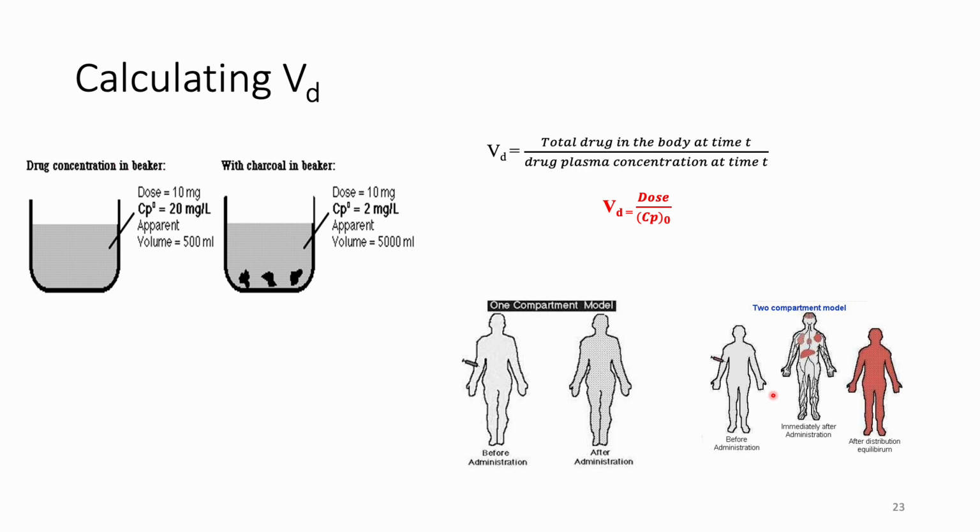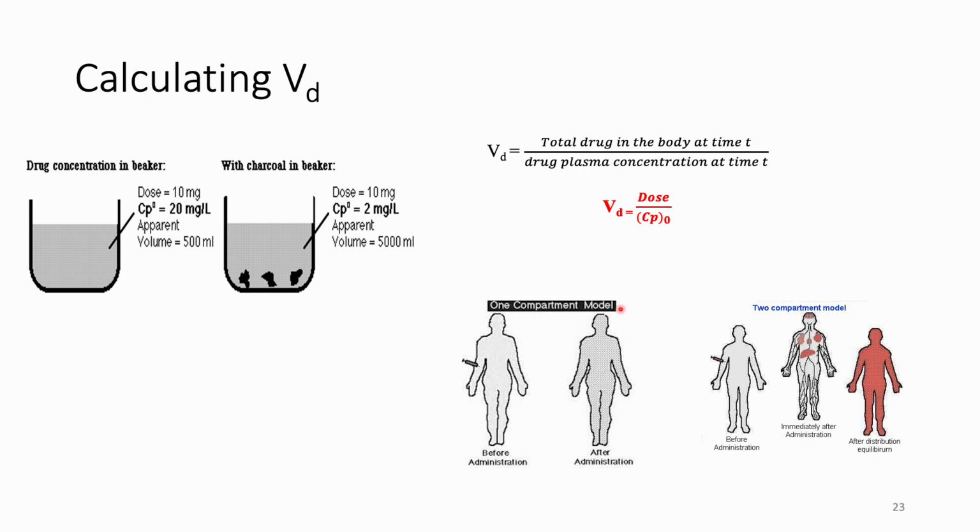Similarly, for a drug with high distribution to the tissue, the drug concentration in the plasma is small. Whenever drug concentration in the plasma is small, the volume of distribution is always high, because with the same dose, the volume of distribution will be large.